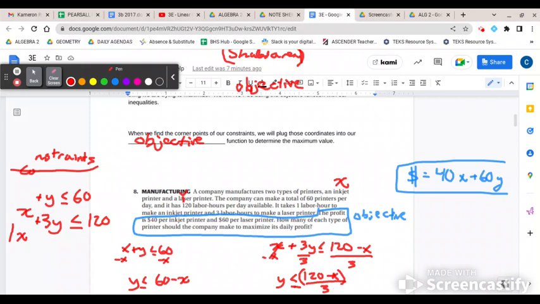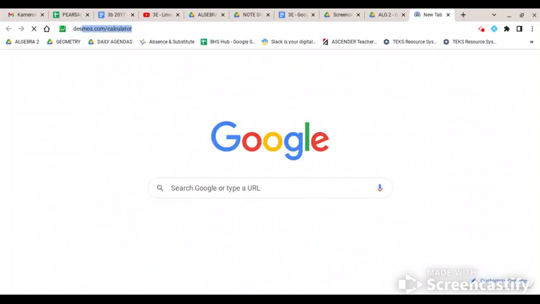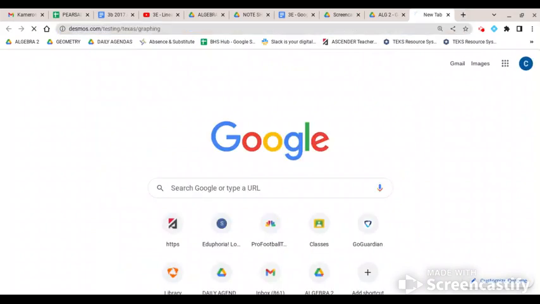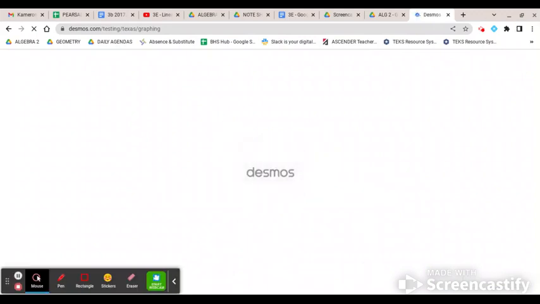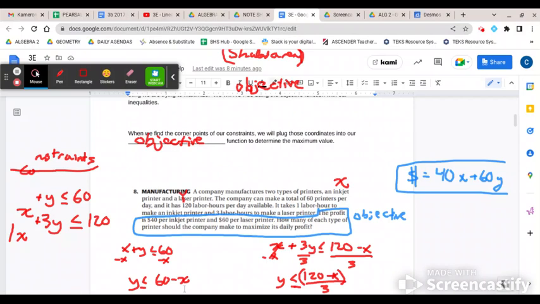All right, so we have our system of inequalities right here. Now what we're going to do is graph these and find our corner points. So we go to our Desmos, and remember, we cannot use inequalities here. We've got to change them to equal.